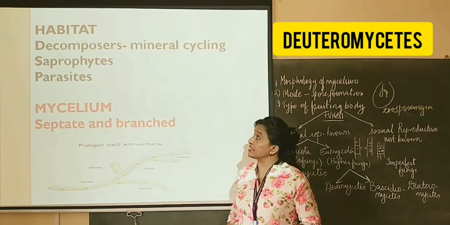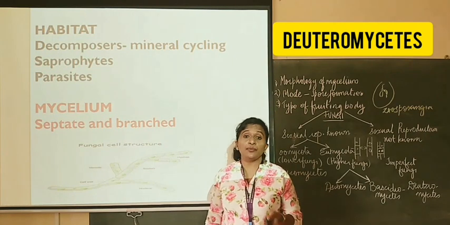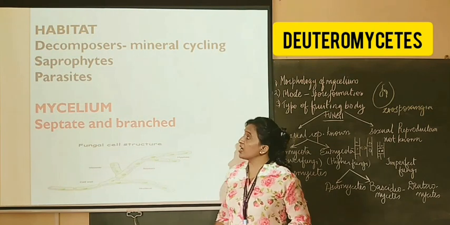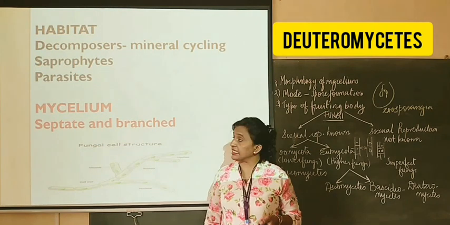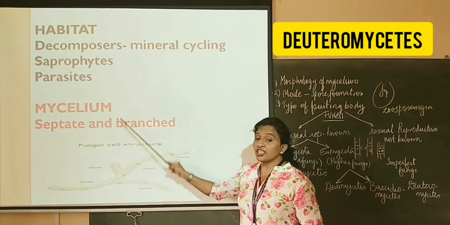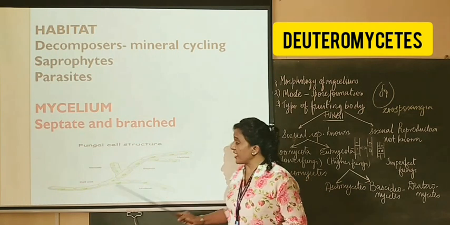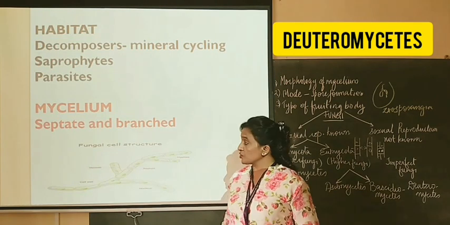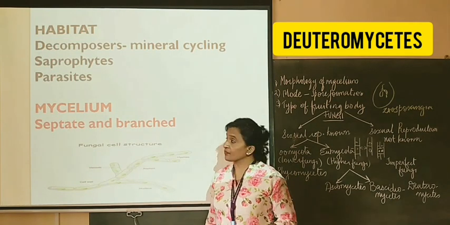They also help in mineral cycling, and some of them are saprophytes and parasitic in nature. Here the mycelium is septate and branched. That means cross walls are present, so it will be multicellular.